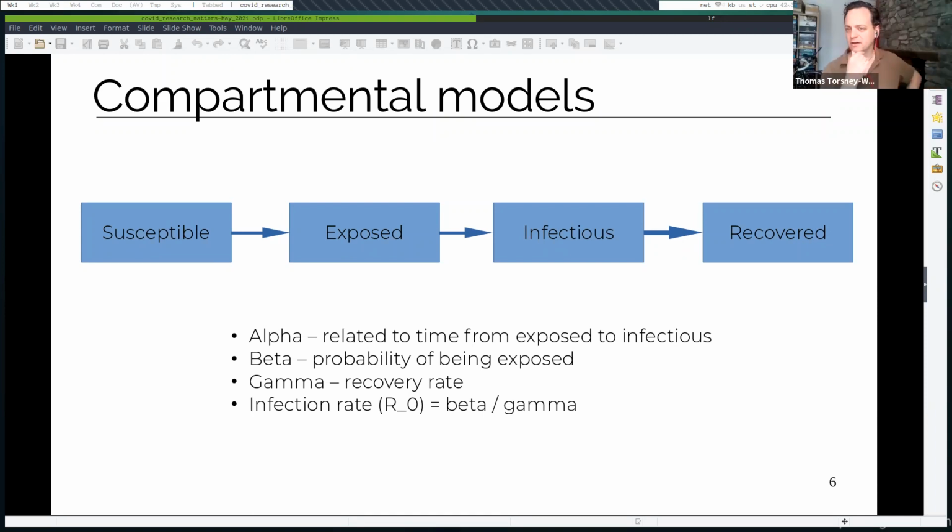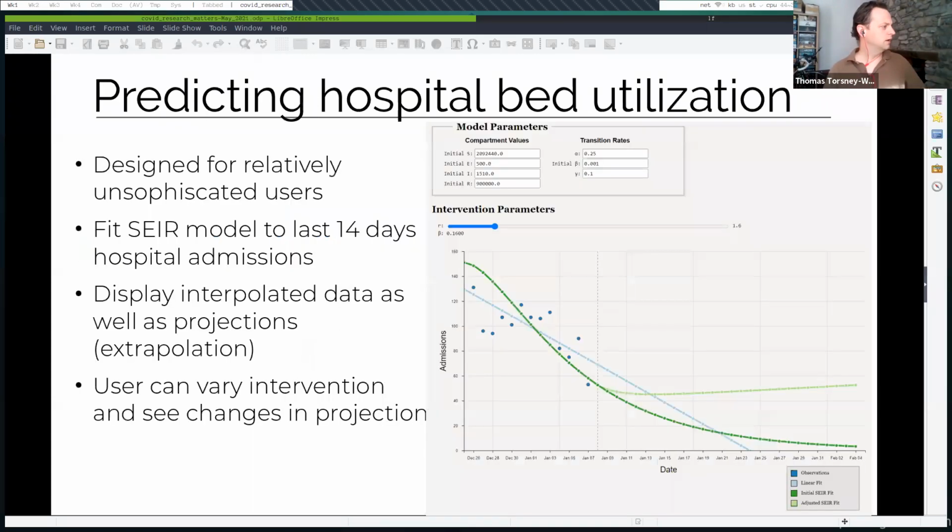Alpha and gamma luckily are fixed, because we know how COVID works at this point. So you basically need to fit 5 parameters based on this historical 14 points of data.